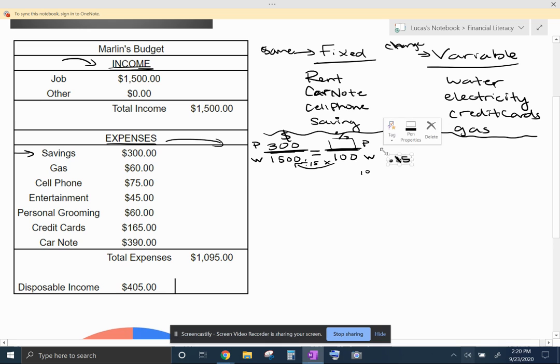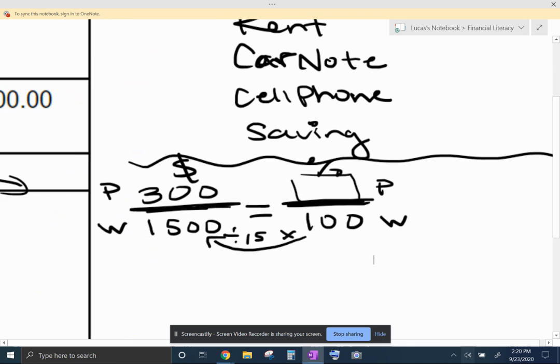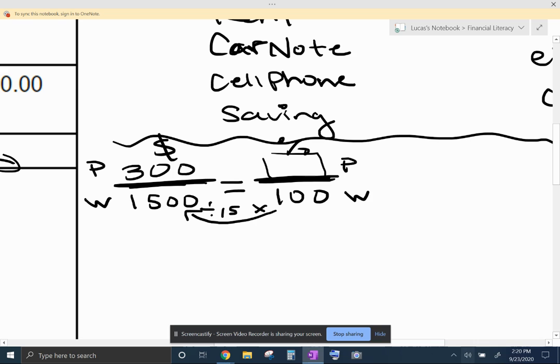So let's zoom in here. All I'm trying to do is find what percent 300 is of 1500. It's a small portion of it. I'm trying to figure out the percent of the portion it is. And so I know that this is times 15 and divided by 15 to go this way.